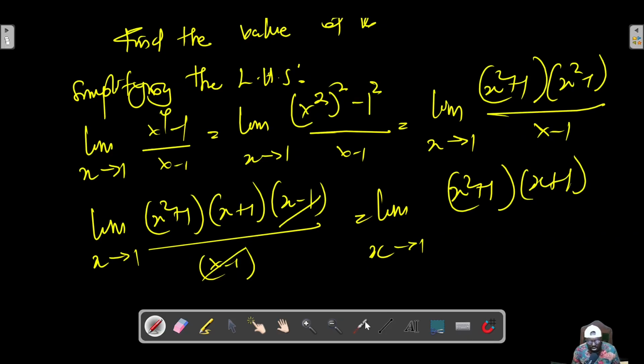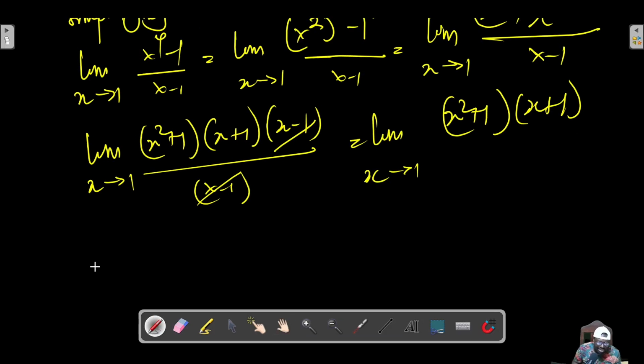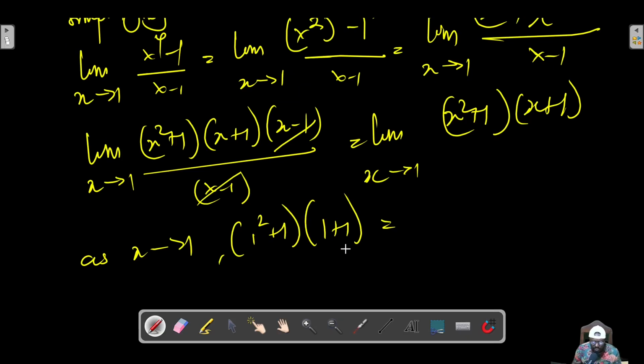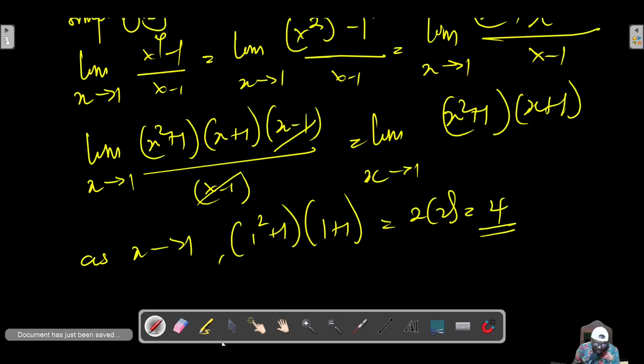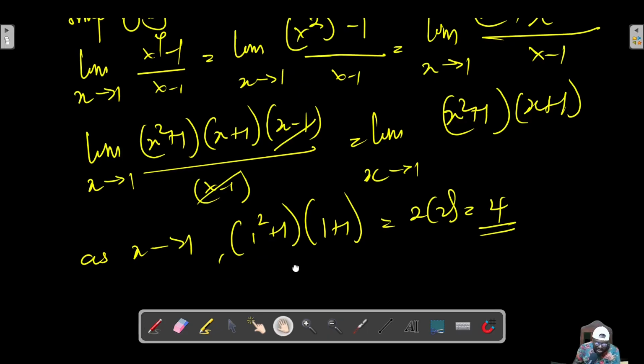From here we can do a direct substitution. As x is approaching 1, we end up with 1 squared plus 1 multiplying 1 plus 1. 1 plus 1 is 2. So 2 times 2, we get 4 for the left hand side limit.